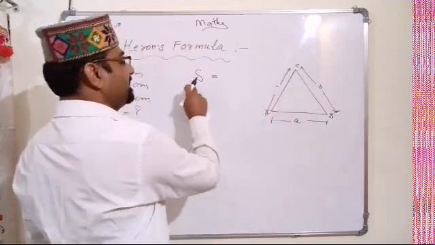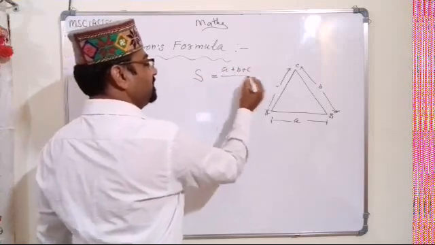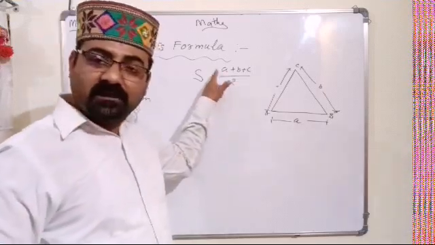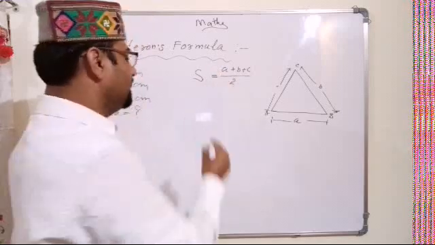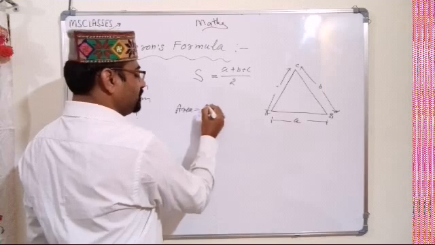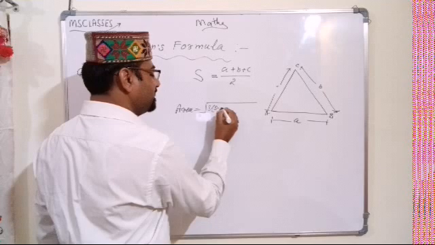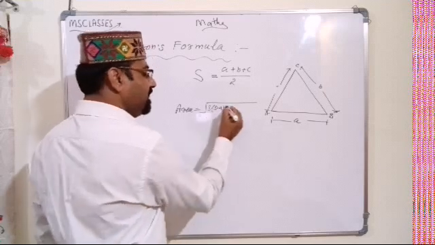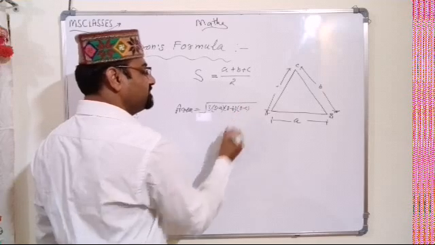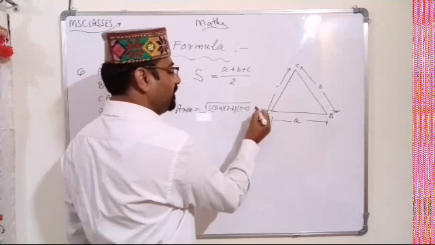Then first of all, S is (a plus b plus c) over 2. What are a, b, c? They are the sides of the triangle. Then area is square root of S multiplied by (S minus a) into (S minus b) into (S minus c), right? And the unit is square unit.